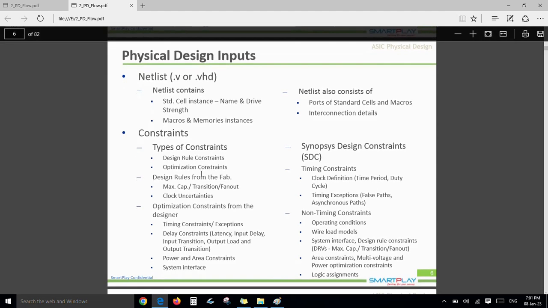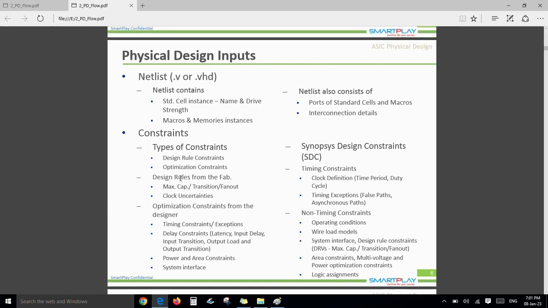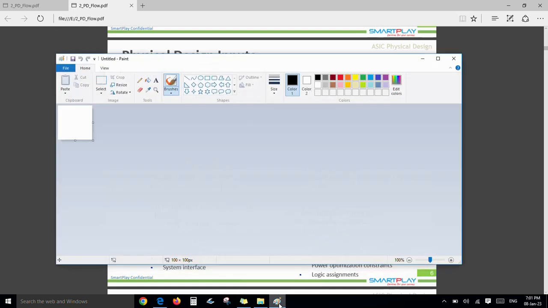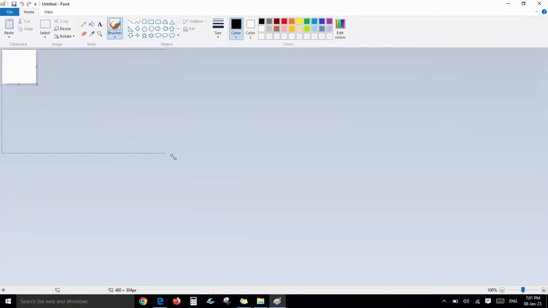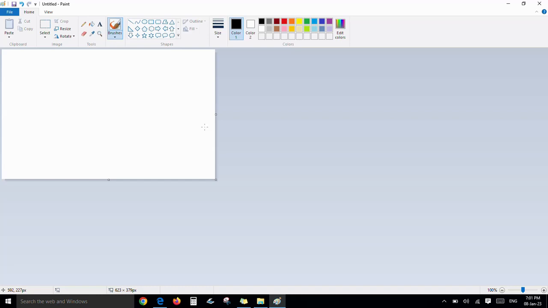Coming to constraints: design rule constraints and optimization constraints. Design rule constraints are nothing but DRVs: max transition, capacitance, fan out and clock uncertainties. I will explain here. Let us consider this a buffer. Whatever input transition I give, I get some output transition.